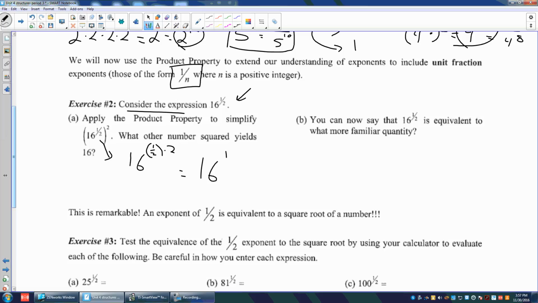Okay. So now, apply the product property to simplify. What other number squared yields 16? So this is saying what number squared is 16? Oh, yeah, that's right. Negative 4 times negative 4 is 16. Interesting.